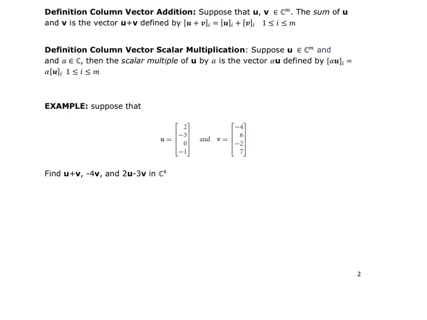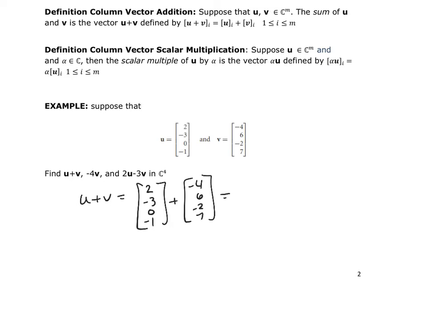As an example, here are my two vectors. If I want to add these two together using the definition of vector addition, I'm doing u plus v, then this is going to be 2, negative 3, 0, negative 1, plus negative 4, 6, negative 2, and 7.